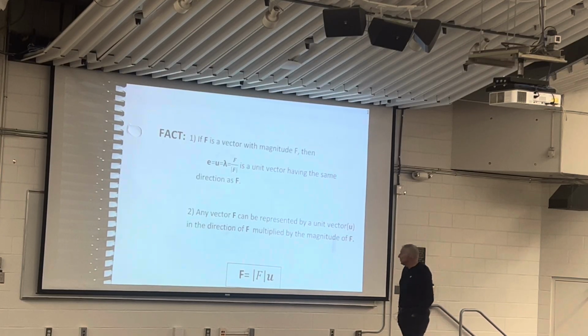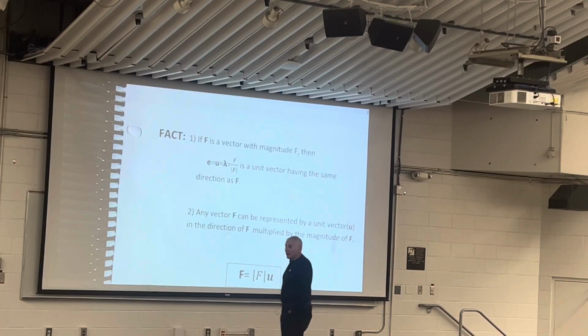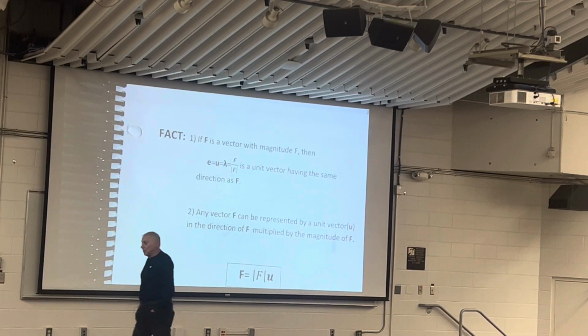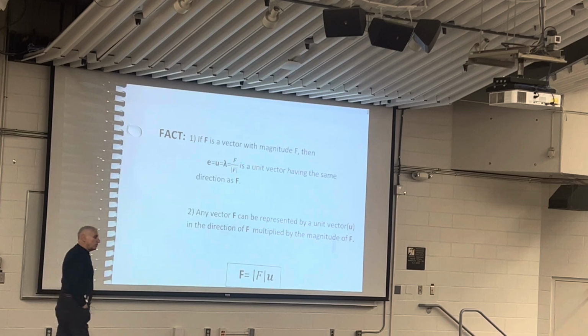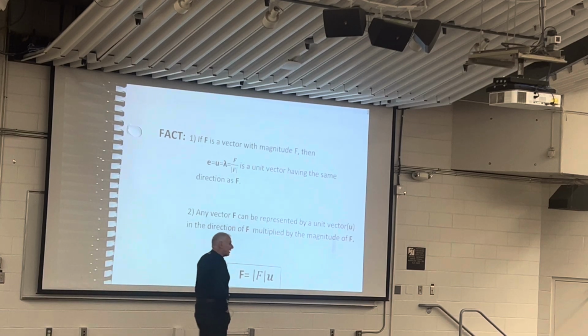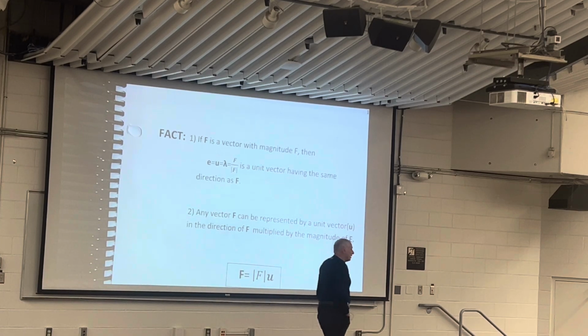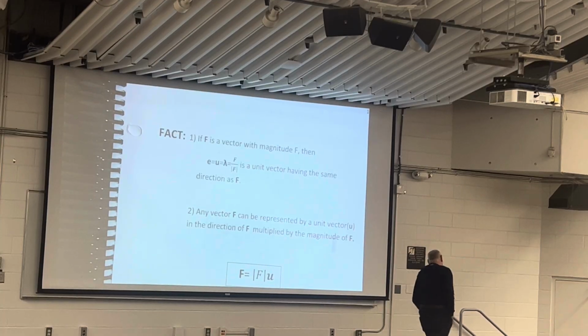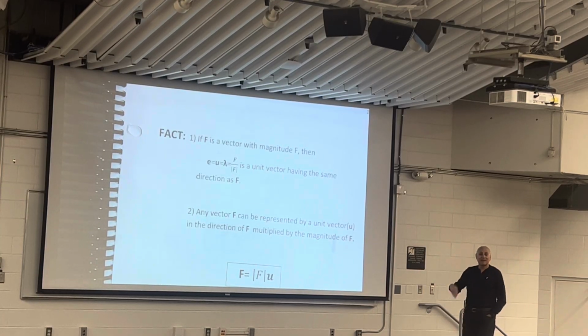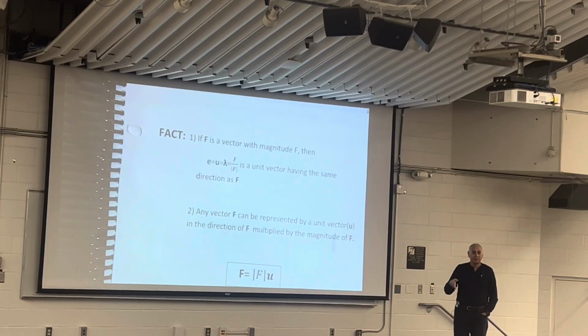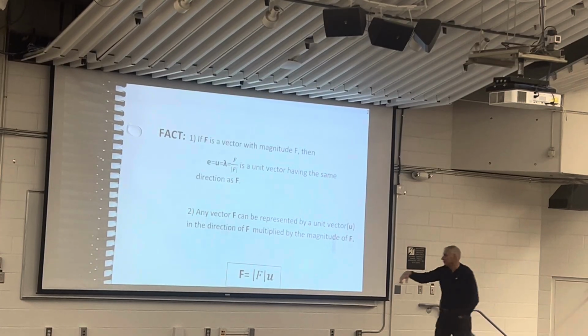So E, U, lambda. To find a unit vector, what do you do? You take the vector and divide by its magnitude. That's great, but more important, I can express any force as a force magnitude times the unit vector.